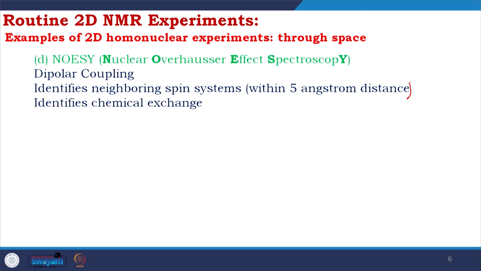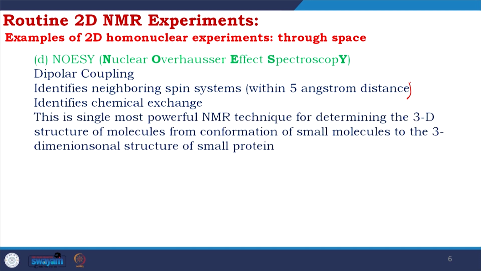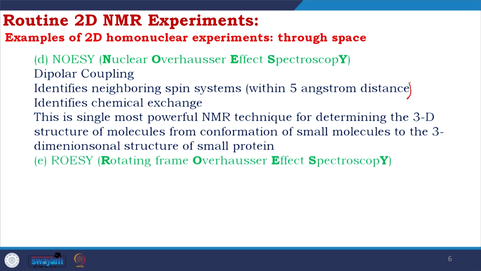It identifies chemical exchanges because it goes through space. This is the single most powerful NMR technique for determining the 3D structure of molecules, from conformation of small molecules to the 3-dimensional structure of small proteins. So, that is why NOESY is very important.